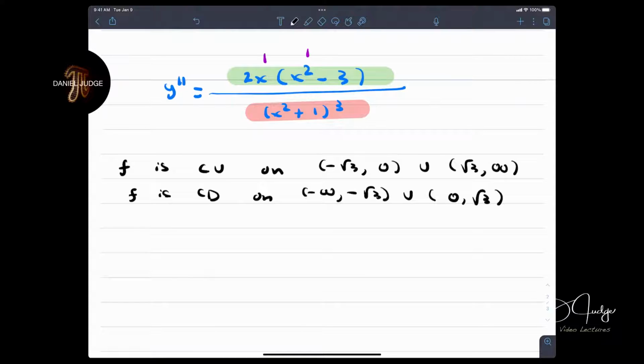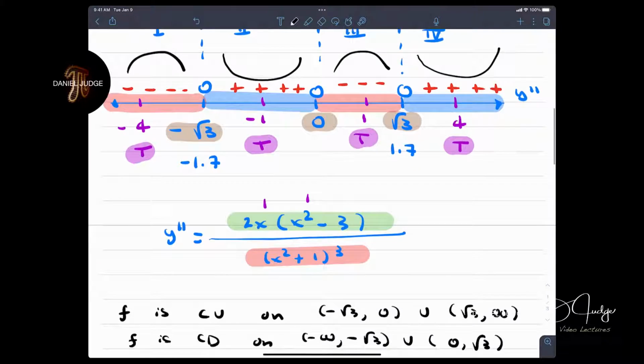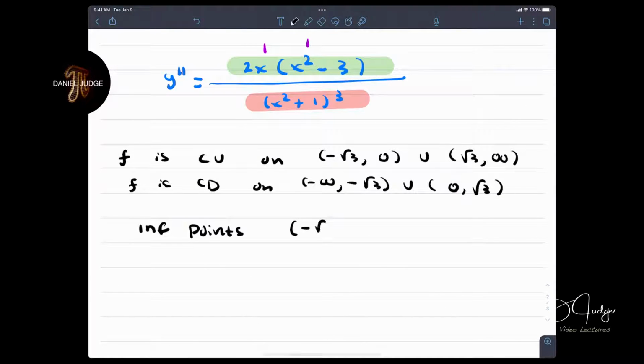Okay. We have some inflection points. Points where you change concavity. And that happens, remember, it's a point on a curve. So when x is minus square root of 3, the y value is f of minus square root of 3. That's my first inflection point.